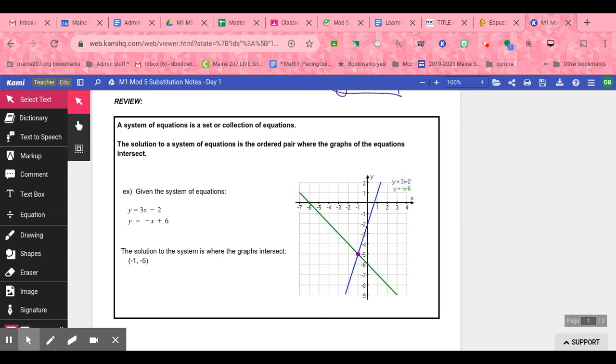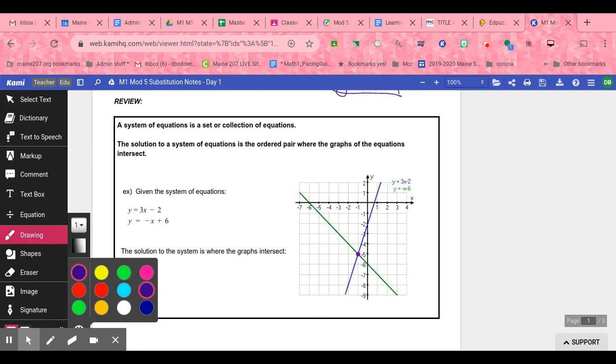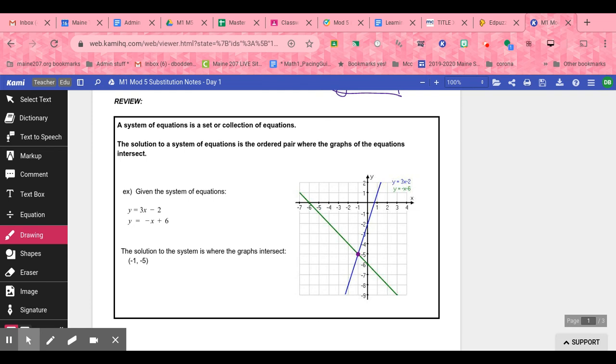And you can see that this first equation, y equals 3x minus 2, is right here. And then the second equation, y equals negative x plus 6, is right here.